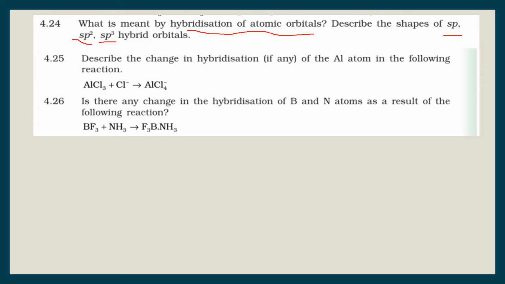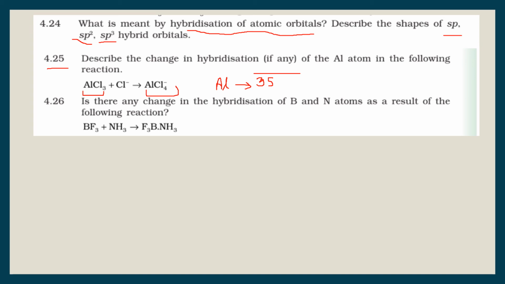Now describe the change, question 4.25, in the hybridization, if any, of Al atom in the following. Al is here and Al is here. Now what is happening in AlCl3? If you write the configuration of Al, which has atomic number 13, the outermost electrons would be the 3 valence electrons, like in case of boron. There it was 2s, here it is 3s.